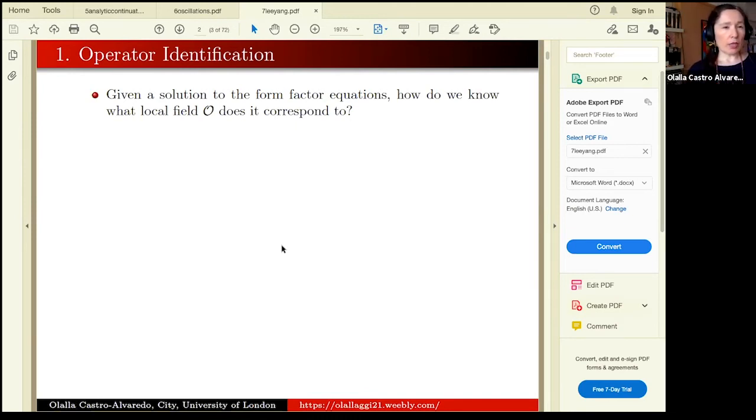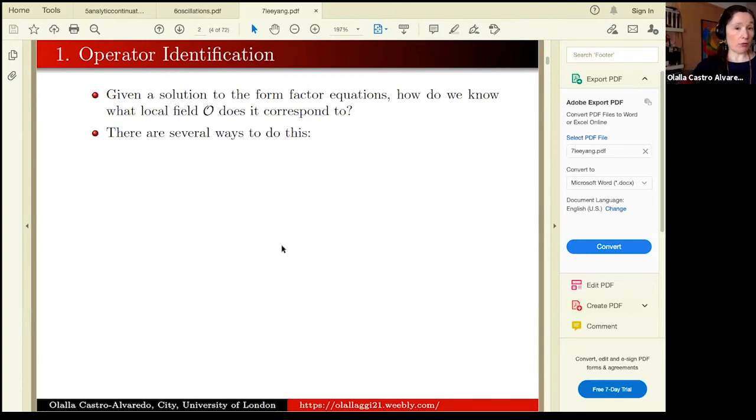I told you already that given a solution to the form factor equations, it is not entirely obvious all the time how we know which local field this solution corresponds to. In general, all local fields with the same twist properties satisfy the same form factor equations. So how do you know which is which?